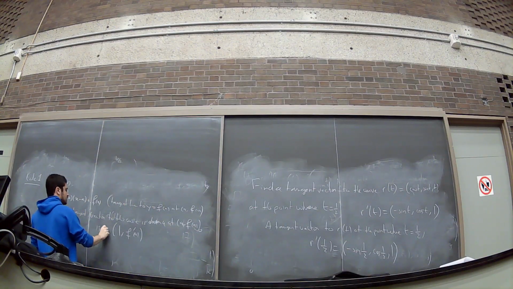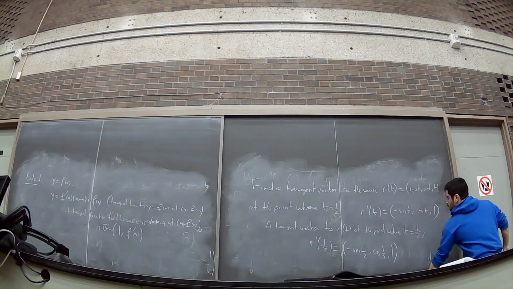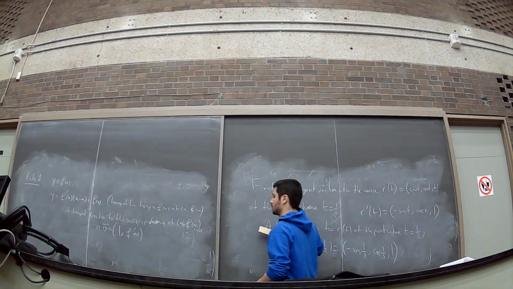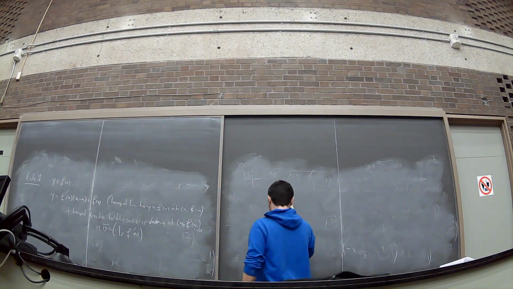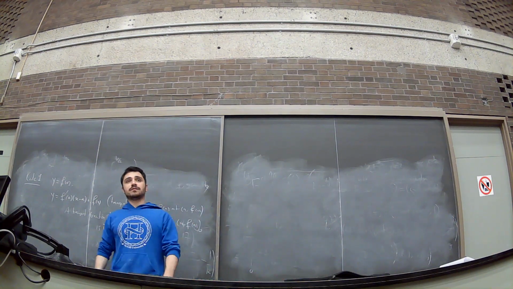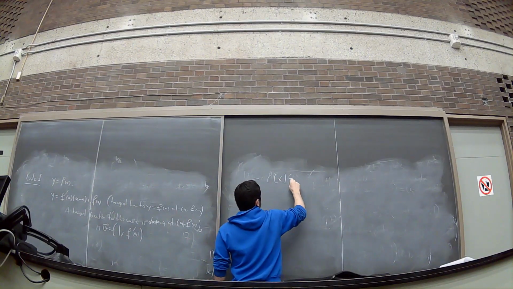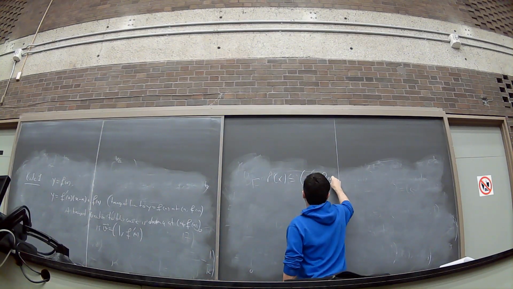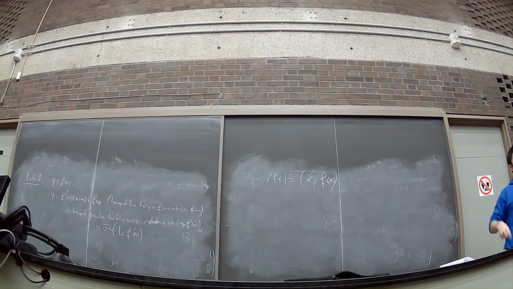Let's call it b, (1, f prime of a). Let's try to recover this by the methods of calculus 3. So how can I parameterize y equal to f of x? You give me x and then you give me f of x. So I take r(x) = (x, f of x), and I'm looking at the tangent at the point where x is equal to a, the point (a, f of a).